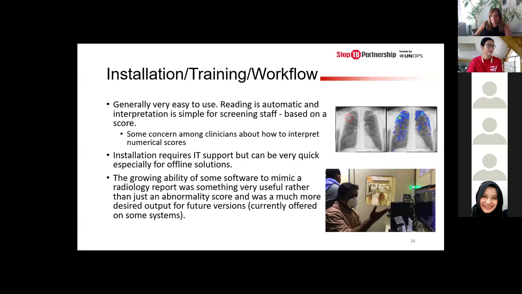And I think that is related to the fact that, again, as Jijen mentioned, there is a growing use of artificial intelligence to mimic a radiology report rather than just give a numerical score. And that's something that users are quite keen to test. It's something that has not been validated, I don't think, at all, really. So it would be quite interesting for groups that are wanting to do this. To the next slide.